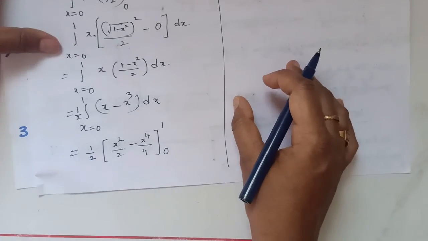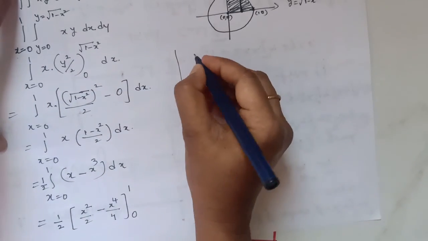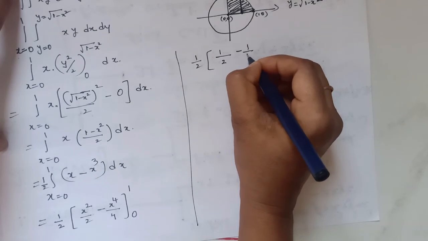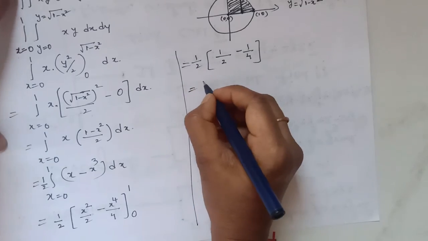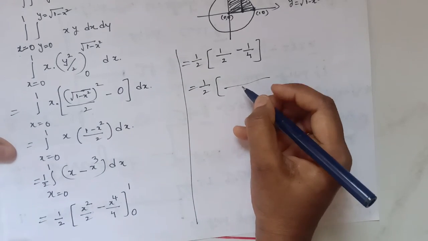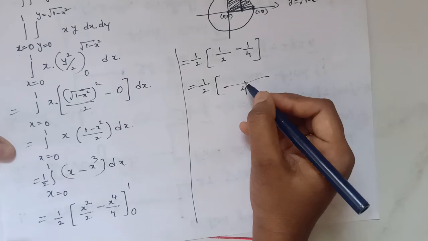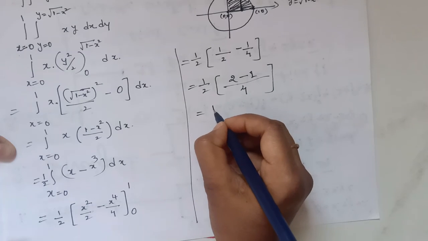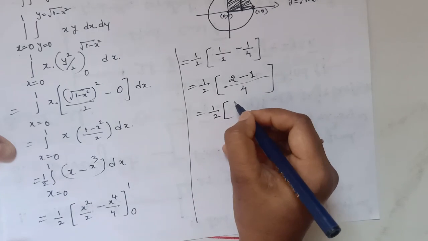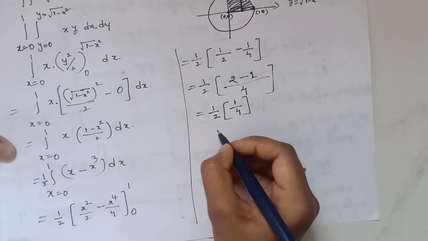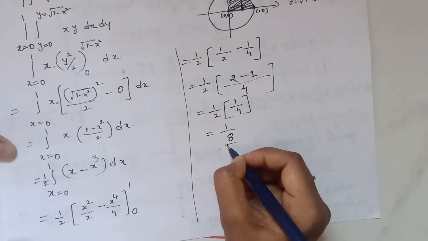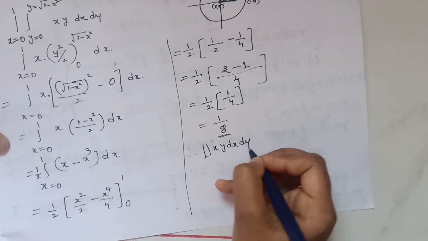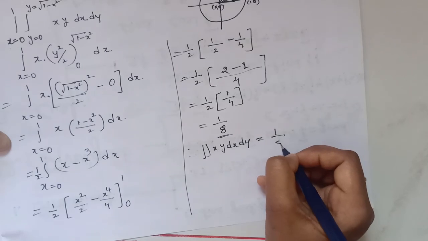So now apply the limits. 1 by 2 into 1 square is 1 by 2 minus 1 by 4. This is equal to 1 by 2 into, LCM is 4, 2 2s are 2 minus 1. So this is equal to 1 by 2 into 2 minus 1 is 1 by 4. So this is equal to 1 by 8. Therefore, double integral xy dx dy is equal to 1 by 8.